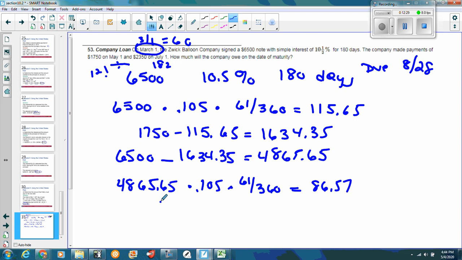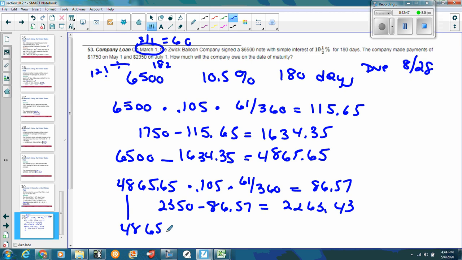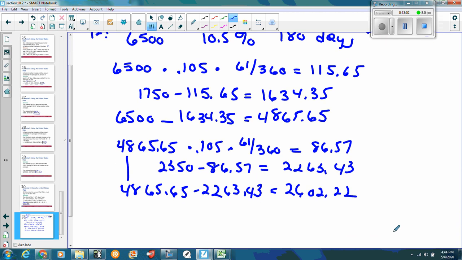So instead of being a payment of $2,350, you take off the $86.57 for the interest, and it comes out to be $2,263.43. So that comes off the principal. So you take 4,865.65 minus the 2,263.43, and the new balance is now $2,602.22.